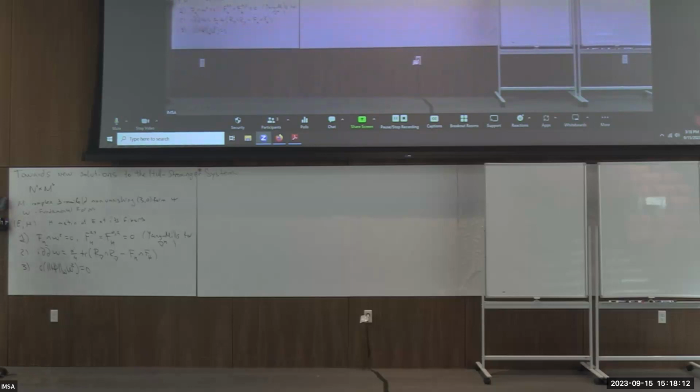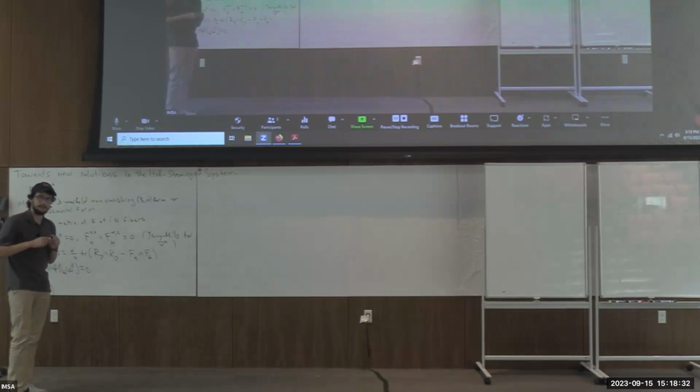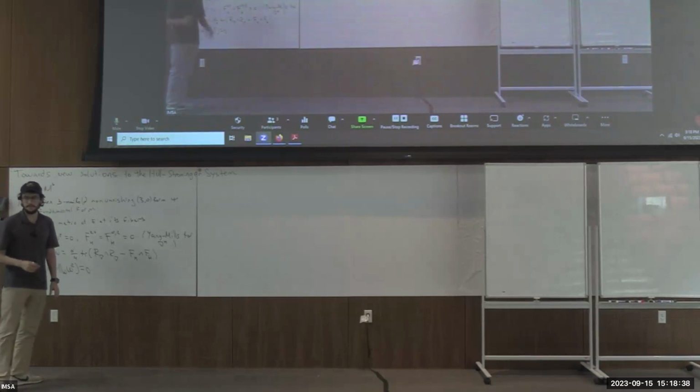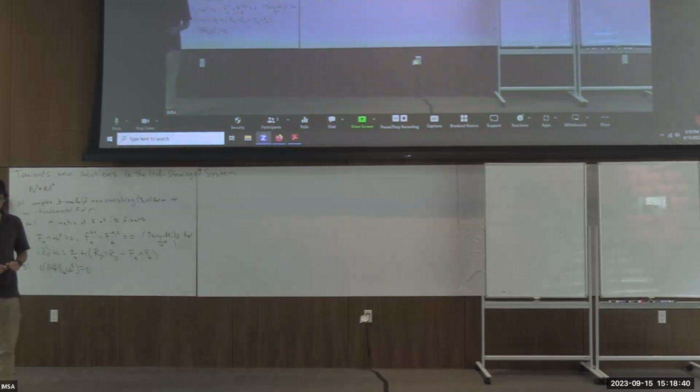One thing I want to mention is that the first equation, the Yang-Mills equation, is solved if the vector bundle is a stable bundle. This is the Uhlenbeck-Yau theorem, which says there is a solution if the bundle is stable.